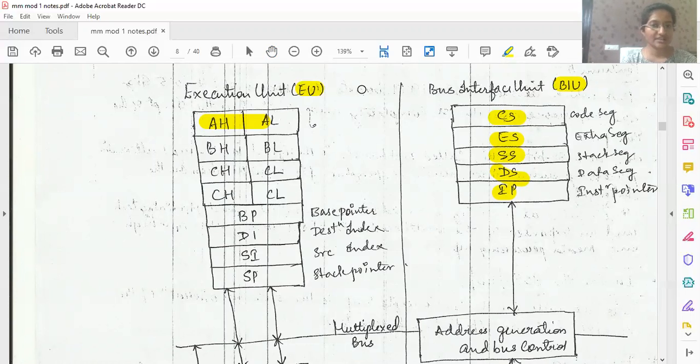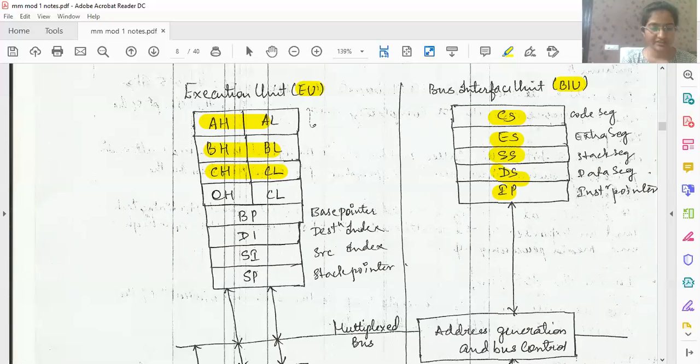AX is the 16-bit register, which can be split into lower byte register and higher byte register. AL is the lower byte of the register, and AH is the higher byte of the register. Then you have the BX register, which can be split into BL and BH. Then you have the CX register, which can be split into CL and CH, lower byte and higher byte of the CX register.